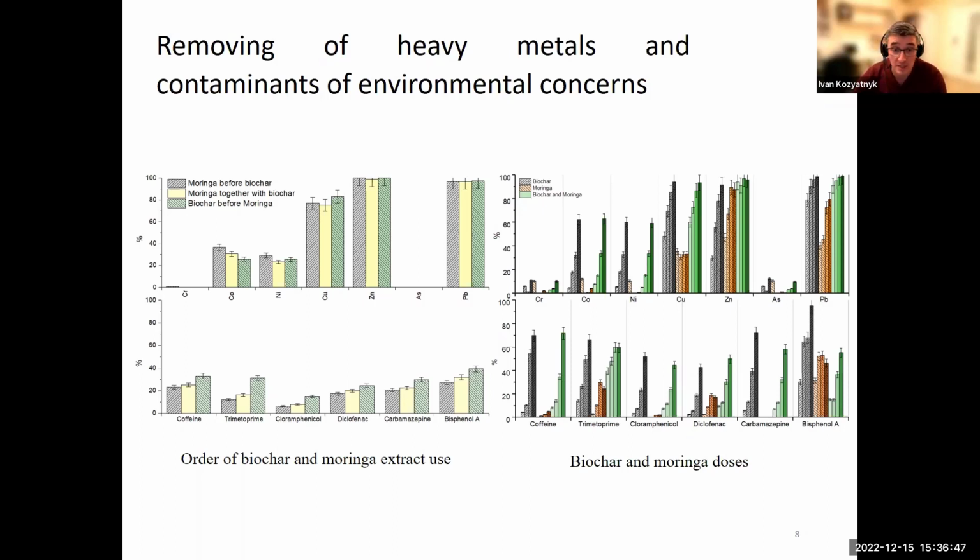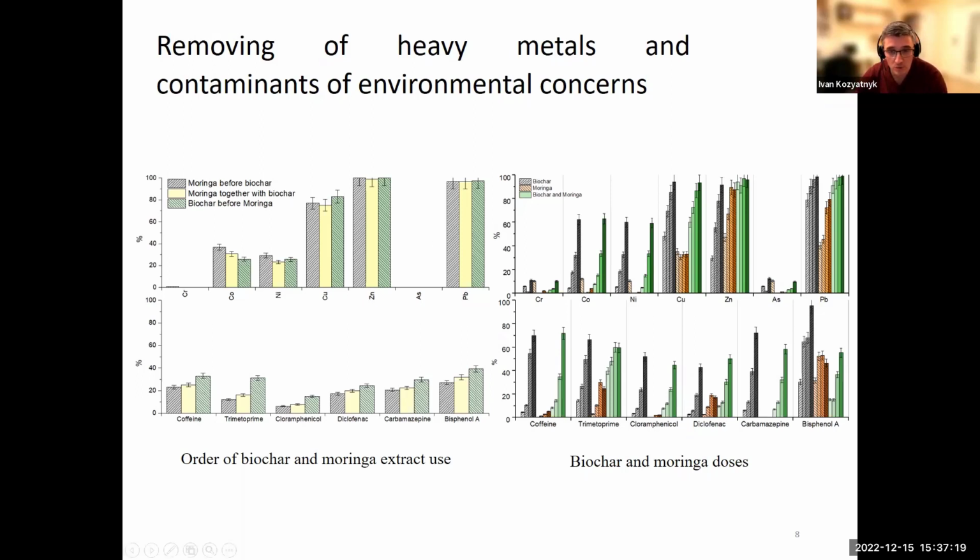And it's also seen, and it's quite interesting, that anion metals, chromium and arsenic, were not removed in these water treatment processes, probably because of repulsion between these negatively charged anions and surface groups of biochars.